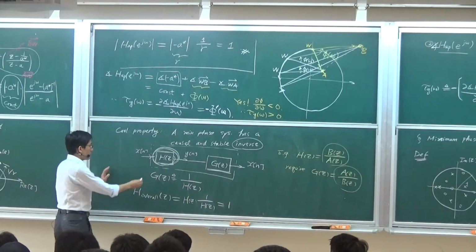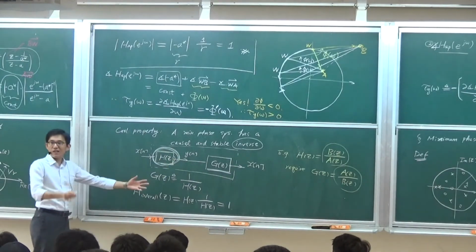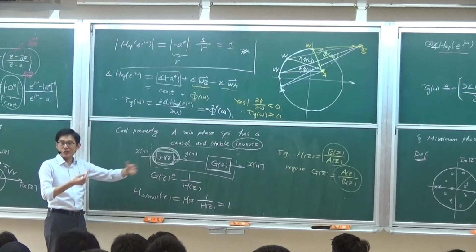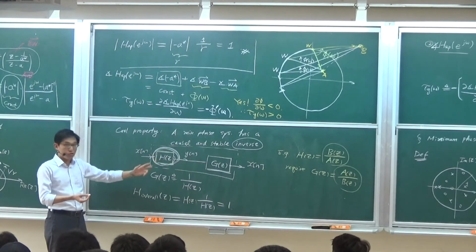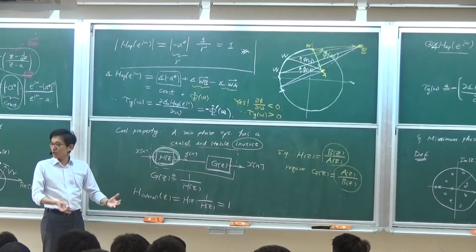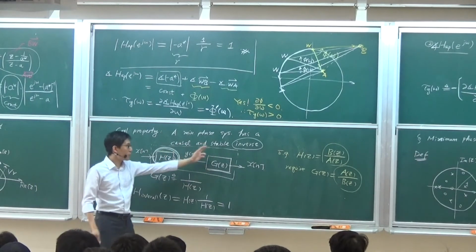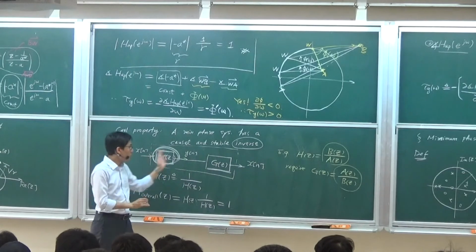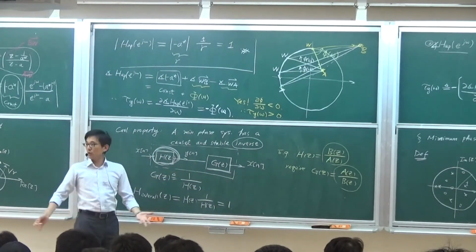Suppose the sound suggests that H(z) has all the zeros inside the unit circle. That's good news, because we can construct a causal and stable inverse so that the combined system will have no distortion.